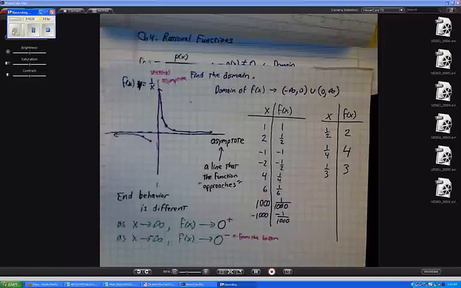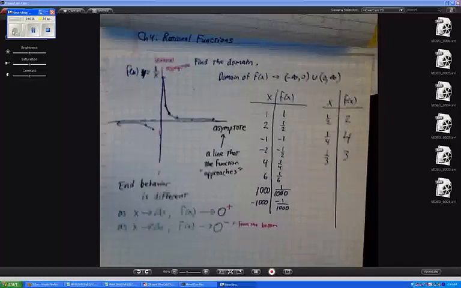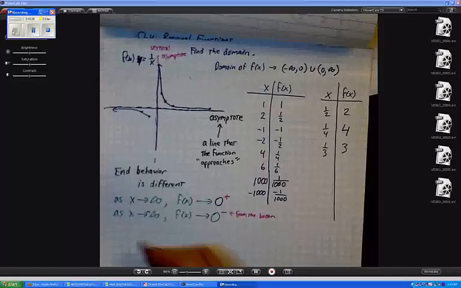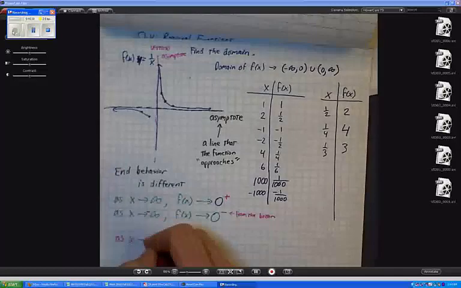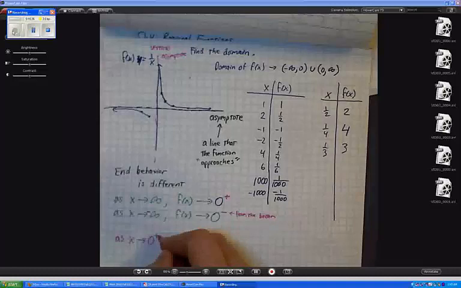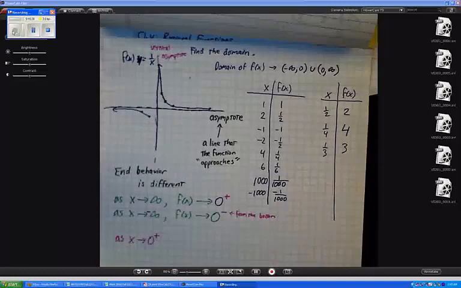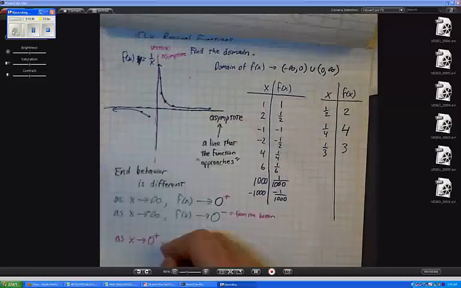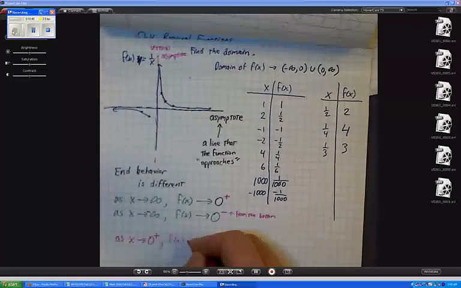We could say, let's see if this makes sense to you. As x approaches 0, I'm going to put a little plus sign. What's that mean? As x approaches 0 from the positive side, from the right, f of x is going to approach, can you tell me what it's going to approach? Well, it just gets bigger and bigger.